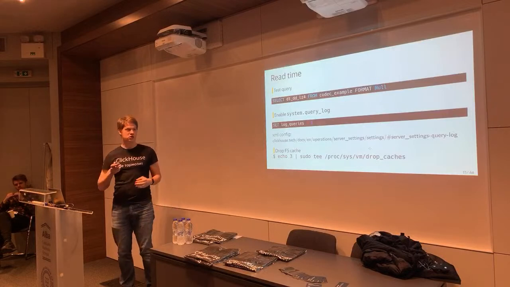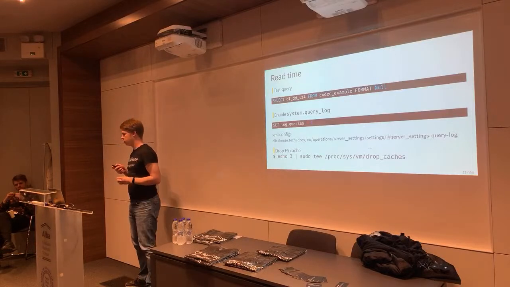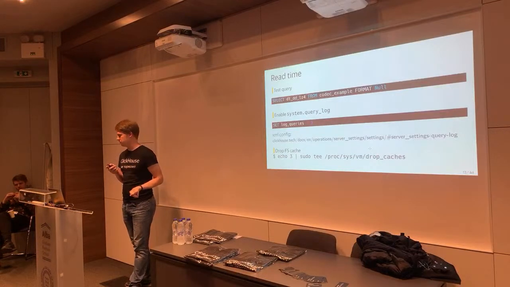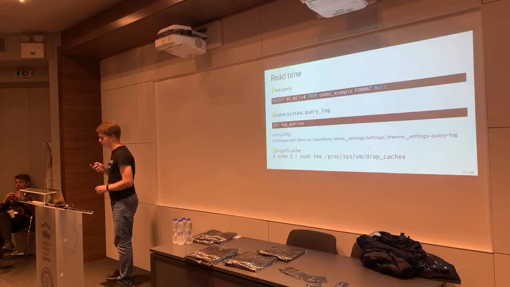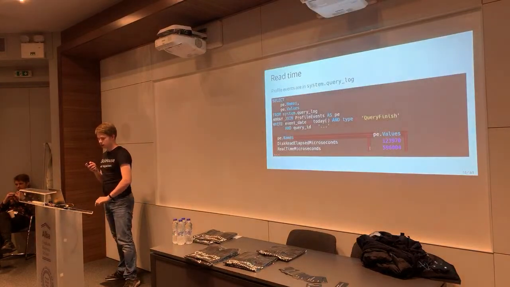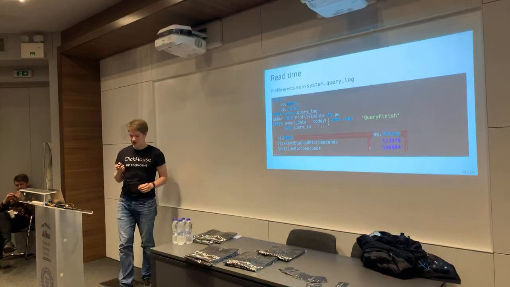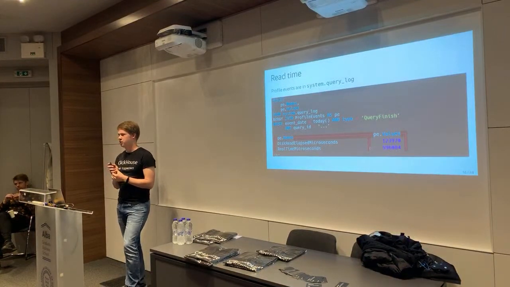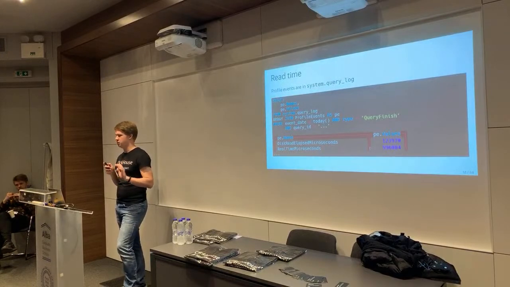When I measure speed performance, I also drop the file system cache, because I want to measure how long it takes in real life. And that's usually what you should do. To compare speed, from system.query_log you can read how fast your query was, and by query ID you can find some useful metrics.